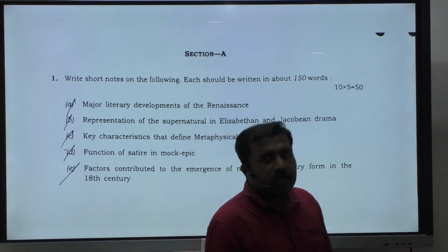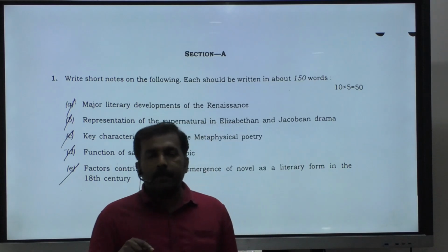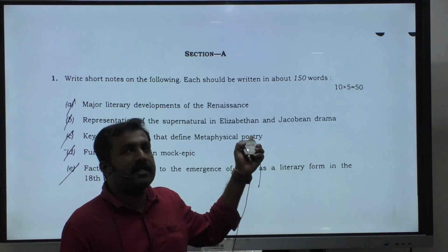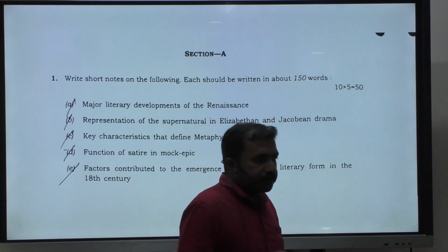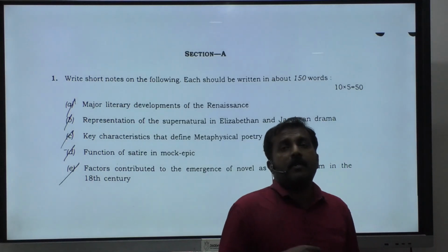When you check the 2024, 2023, 2022 questions, we can see the same questions, the same language, the same pattern of words they followed. So this is what I want to share with you about the literary movement part in paper 1.